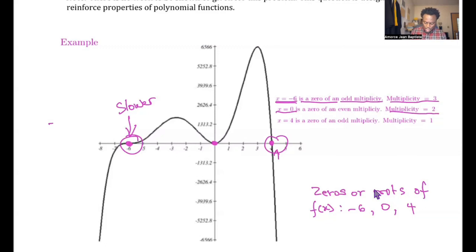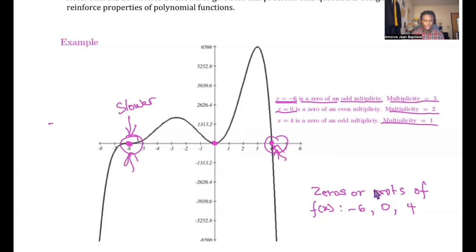And then at x equals 4, we also have a cross, but the multiplicity is 1 because you see that it crosses quicker. Quicker than at x equals -6.